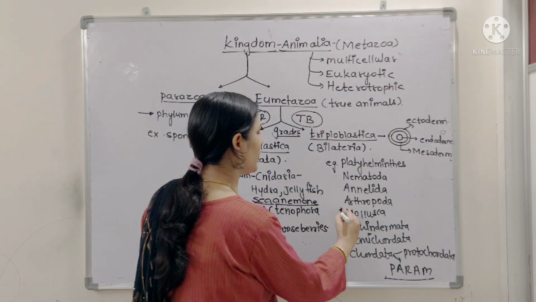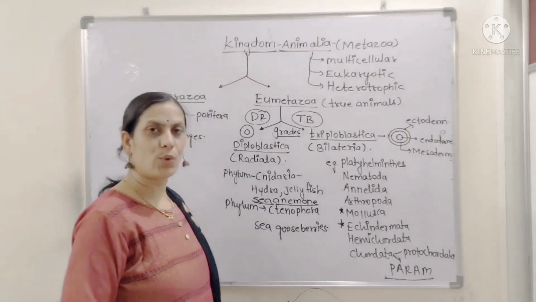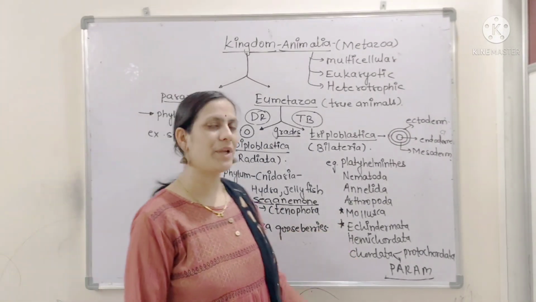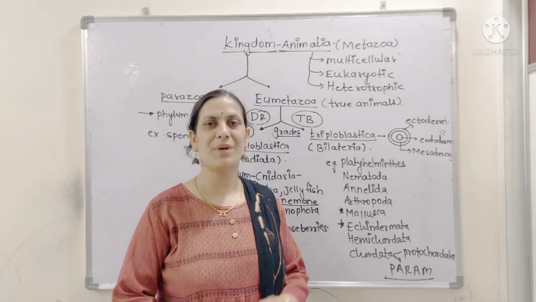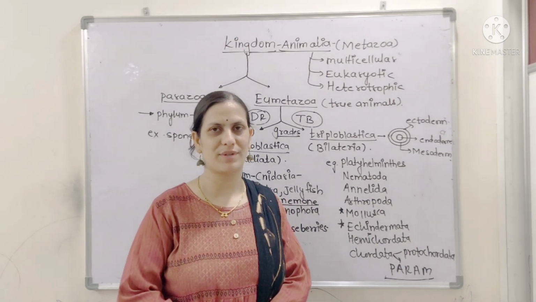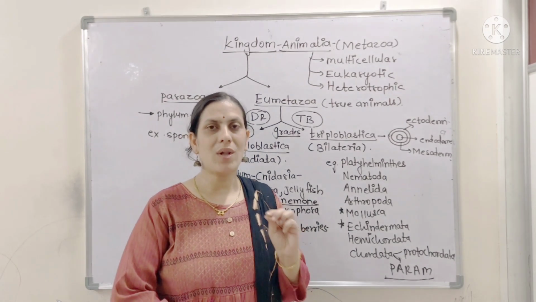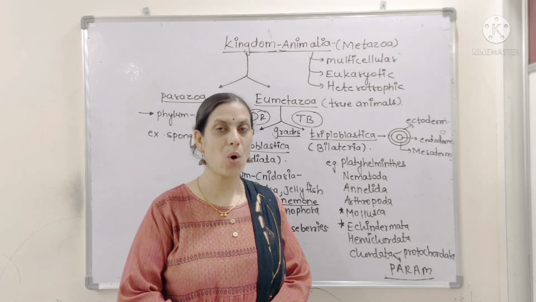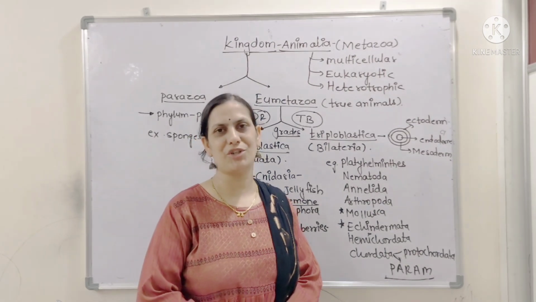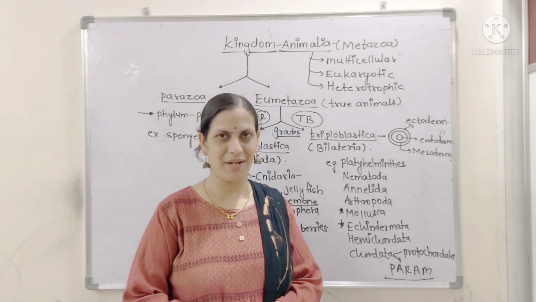I am putting a star mark here for the molluscans and the echinoderms. For the echinoderms, remember the main example is the starfishes, and I could say one statement. All the echinoderms are primarily bilateral, but secondarily became pentamerous radial.